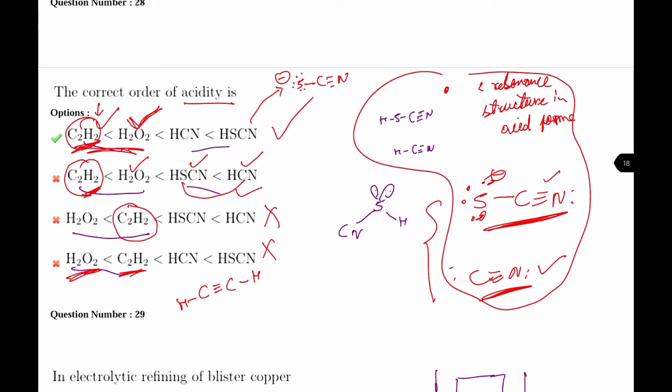There will be ethyne at last, so these two can be correct answers. Now you compare that these are similar options where the only difference is HCN and HSCN. Now if you see the stability of their conjugate bases, HSCN is much more stable because it has a sulfur which has extra d orbitals and is a large atom which can stabilize negative charge. Therefore the correct option is the first one.